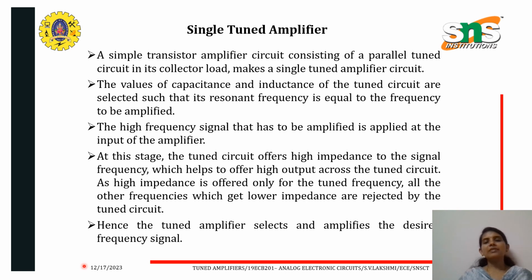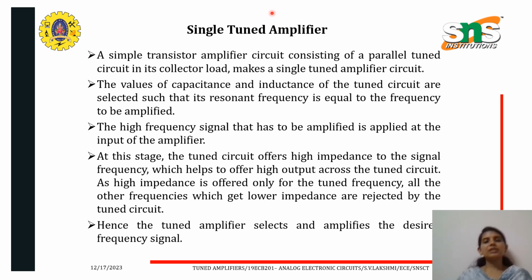Now the high frequency signal to be amplified is applied at the input. At this stage, the tuned circuit will offer higher impedance to the signal. This helps to offer high output across the tuned circuit. This high impedance is offered only for the tuned frequency.